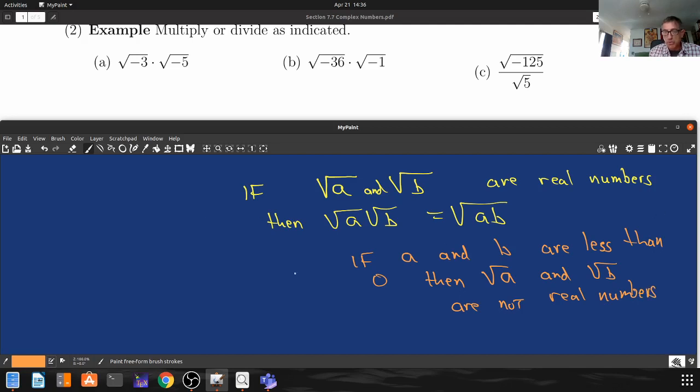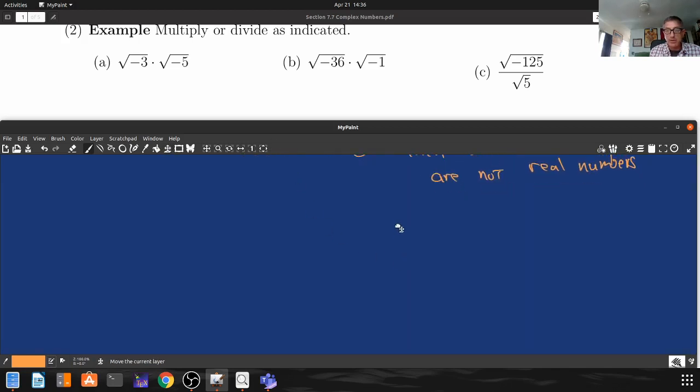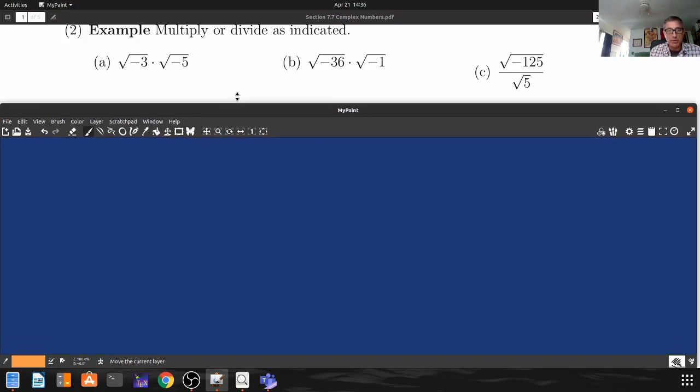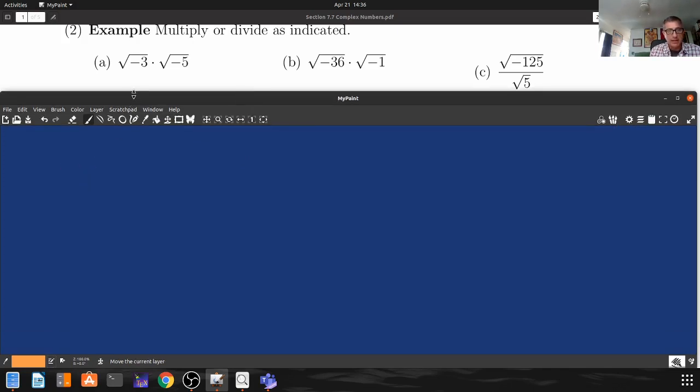So that rule does not apply. It only applies if they are real. So they're not, and we're going to do these ignoring that rule. And we're going to do them the exact same way that we've been doing them.